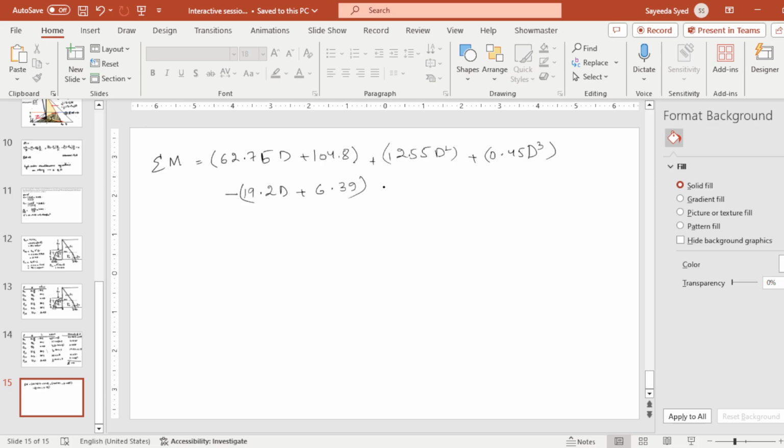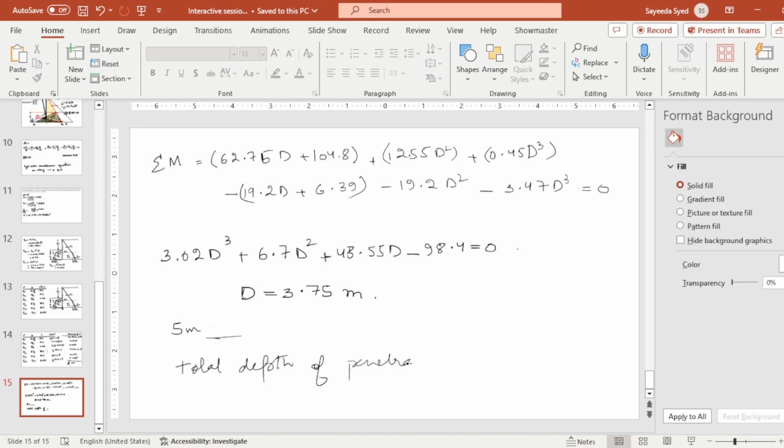So if we add the 5 meter above the dredge line, we will have a total of 8.75 meter. Okay, so that is about sheet piles.